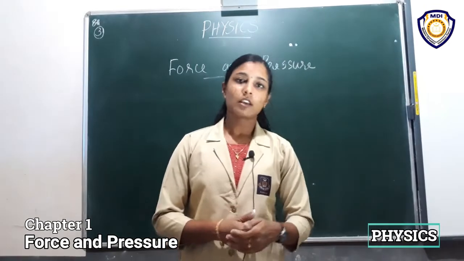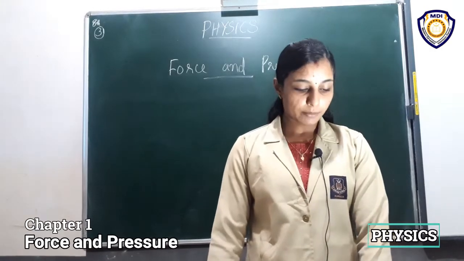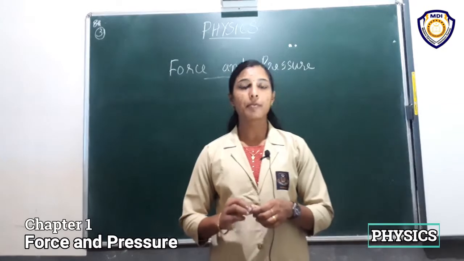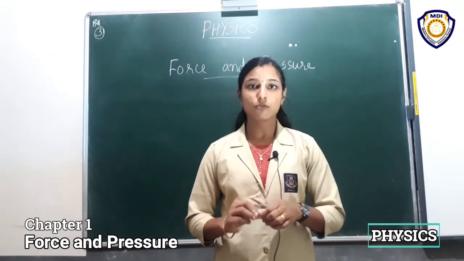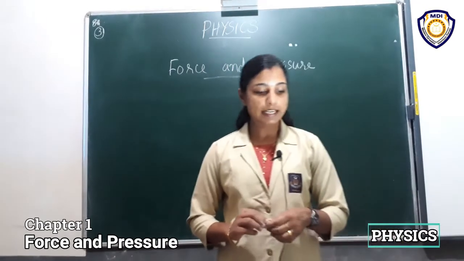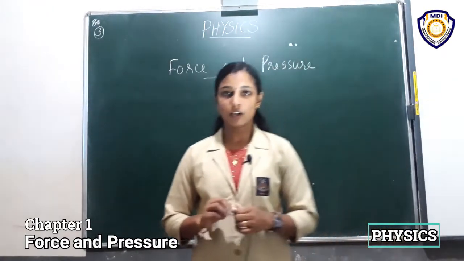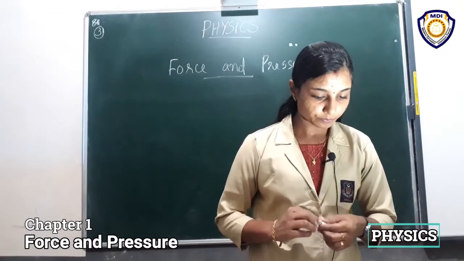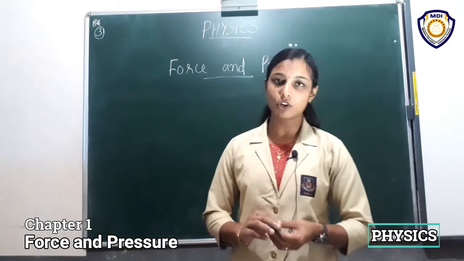No. In your textbooks, it is described that the state of motion of an object is described by its speed and the direction of motion, okay? And the state of rest is considered to be the state of zero speed, okay? An object may be at rest or in motion. Both are its state of motion.